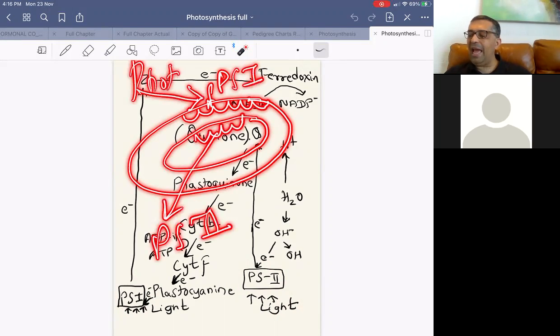Photons come with energy on both PS2 and PS1.